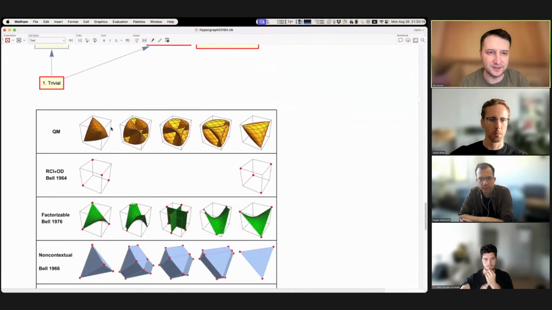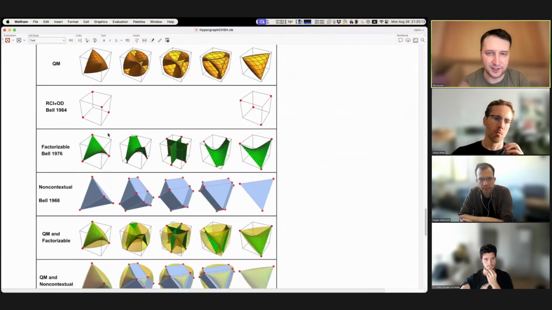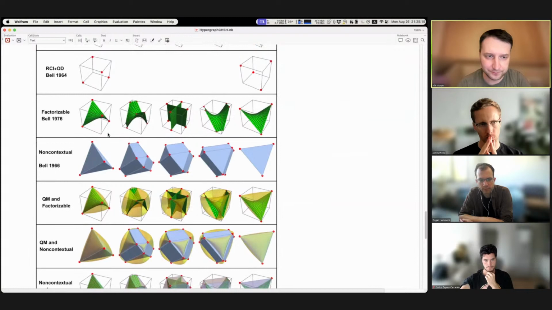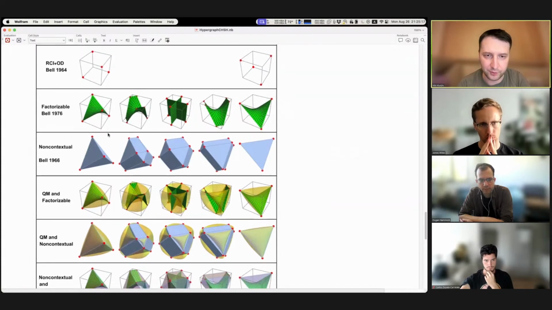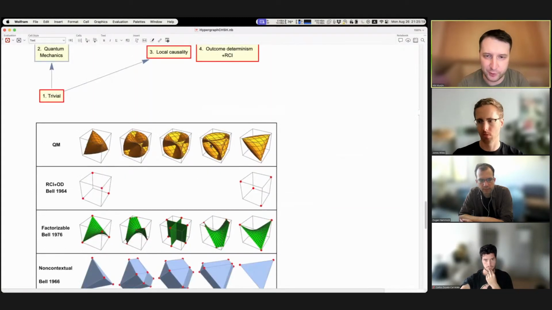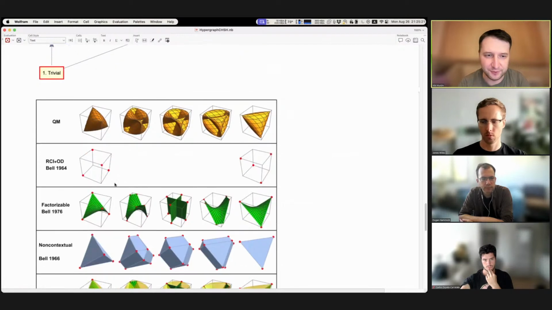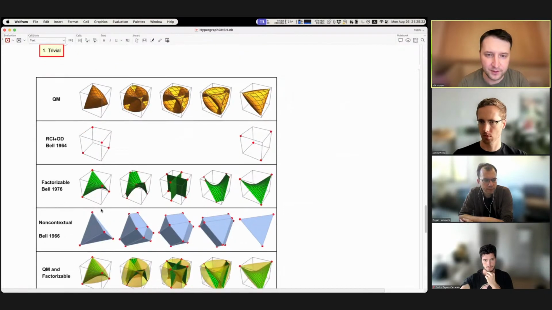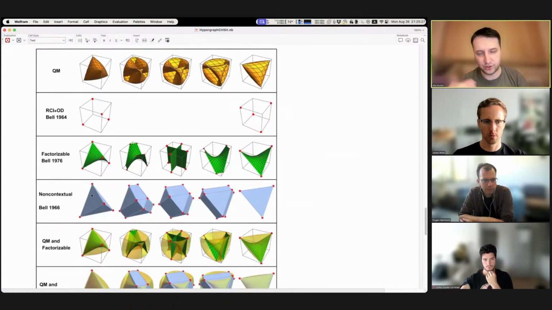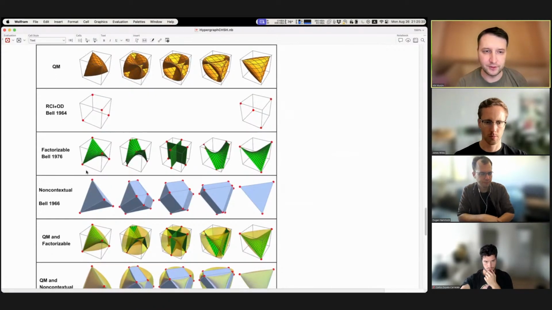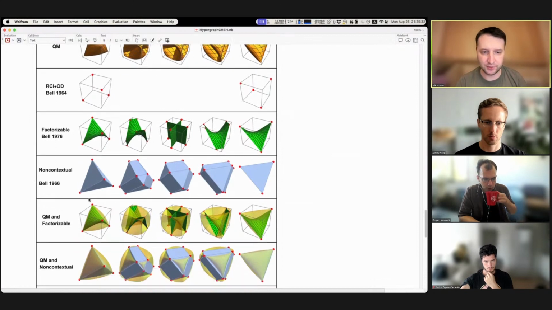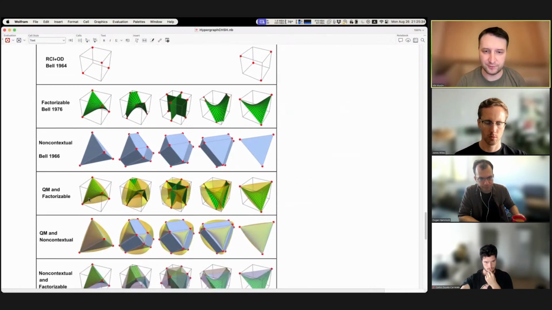In the same paper, you can plot all of those different results and properties, and you can see that quantum mechanics has a very weird shape. If you plot all those other combinations, like the geometry of models that are factorizable, contextual, local, non-local, and combinations of those, they have no shape like quantum theory does.